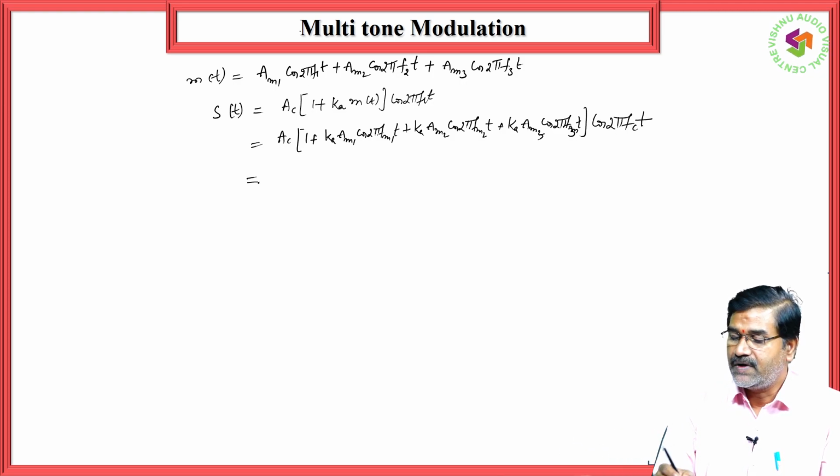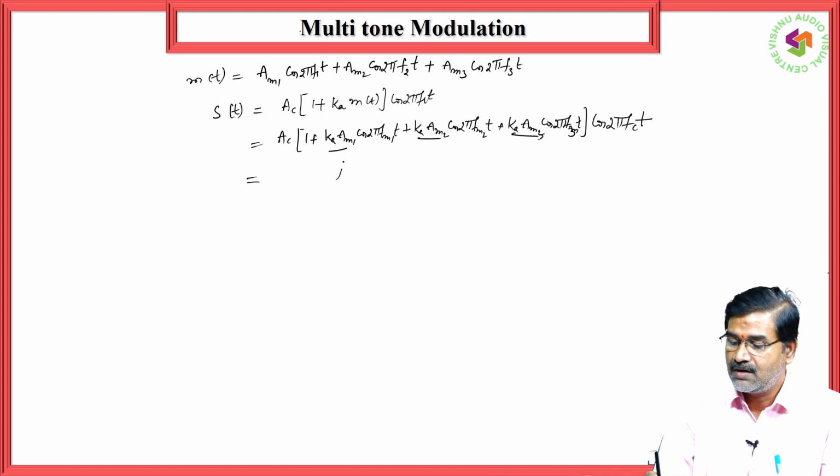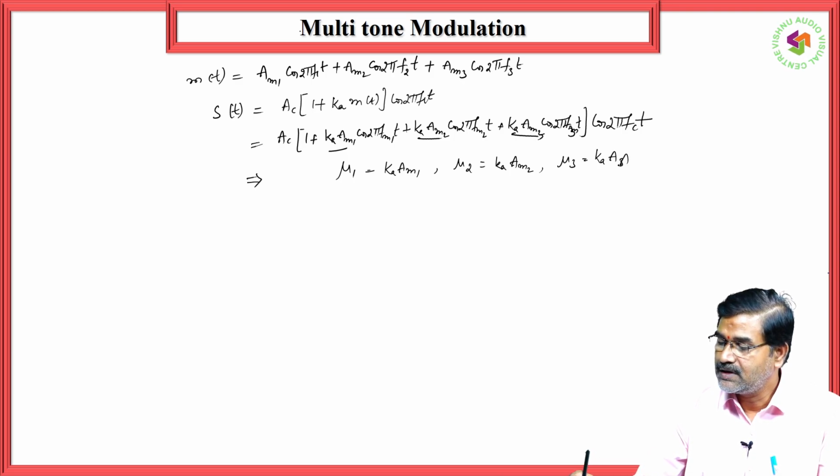So now we have 3 different modulation indices: mu1 is equal to Ka into Am1, mu2 is equal to Ka into Am2, mu3 is equal to Ka into Am3.